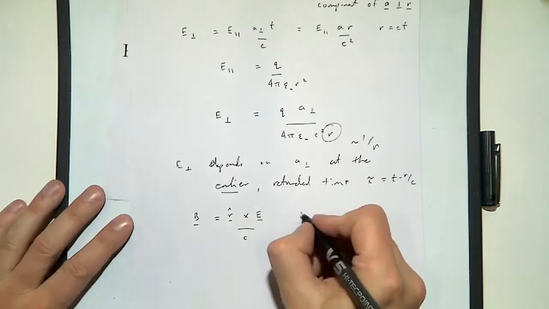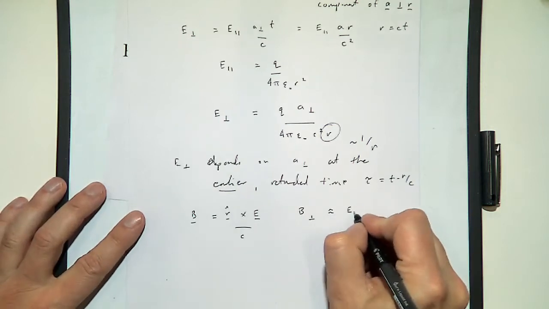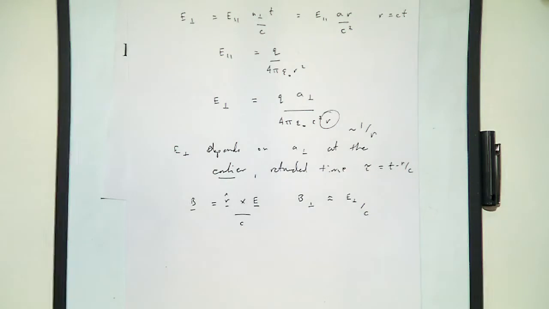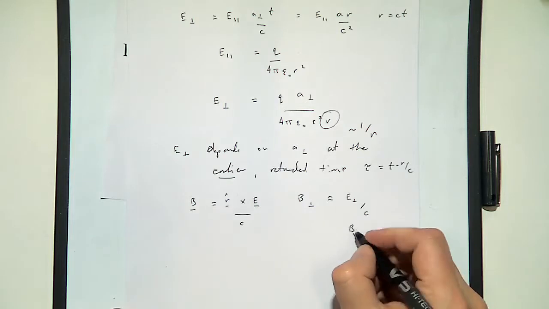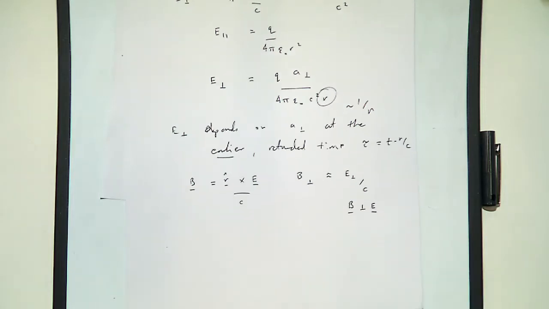So the perpendicular magnetic field must be, in these plane waves, basically E perpendicular over c once we are sufficiently far away. And remembering, of course, B in our plane waves is perpendicular to E. Right? So this is for our plane wave.